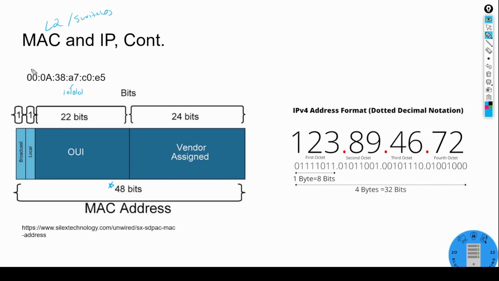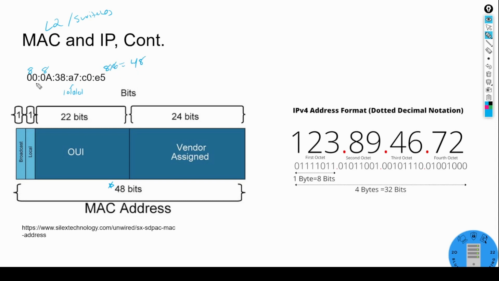So each of these will have 8 bits assigned to them if you were to convert them, 8, 16, 24, 32. So each one would have 8 bits, and if you have 6 spaces here, 8 times 6 gives you your 48-bit MAC address. Definitely memorize that.